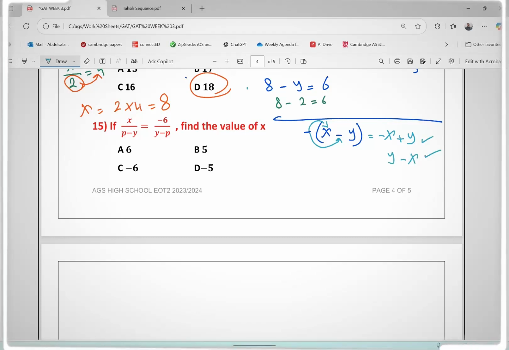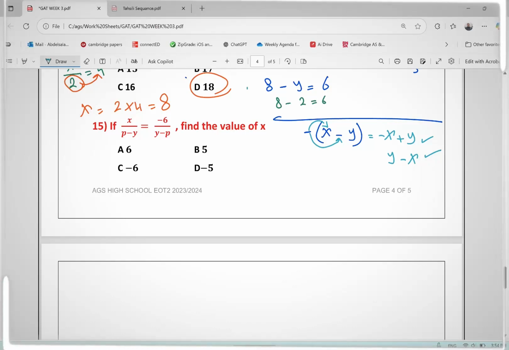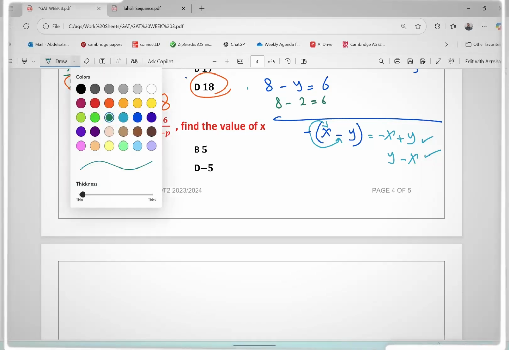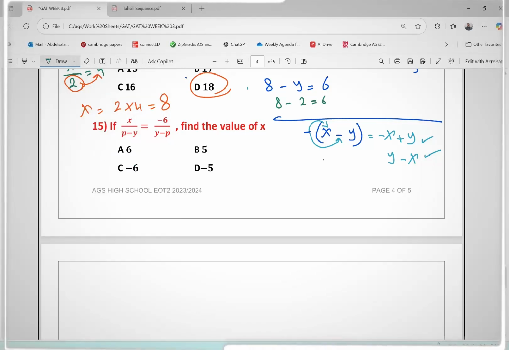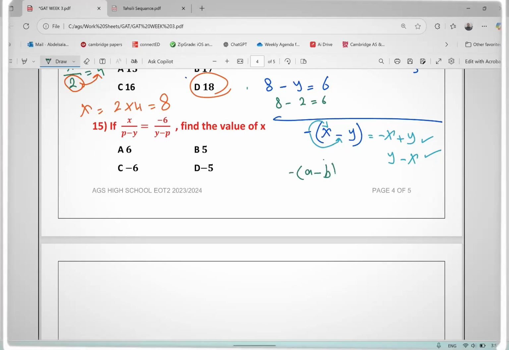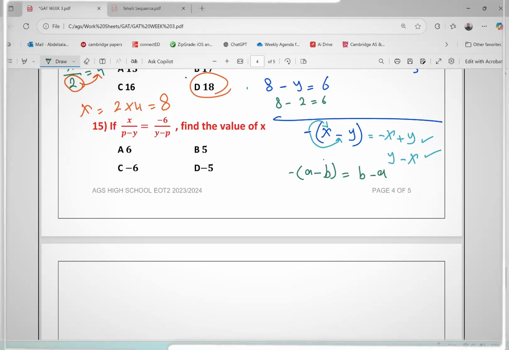The two expressions are actually the same expression, okay? Both of them have the same value. So now let's focus here. I tell you, always, if you have negative a minus b, you can write it just b minus a only.